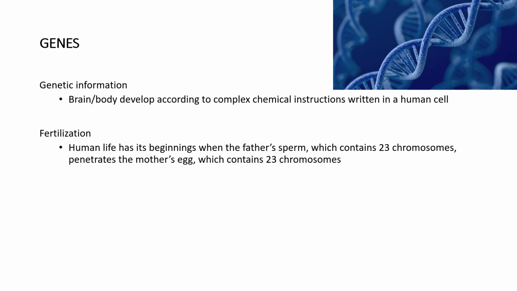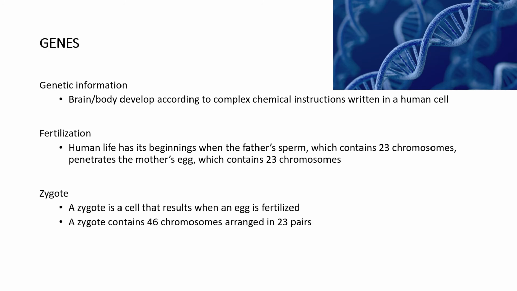And what is that made up of? Well, during fertilization, basically when the sperm meets the ovum and a zygote is formed. A zygote is a cell that results when an egg is fertilized. Prior to that, there's 23 chromosomes in the father's sperm, and there's 23 chromosomes in the mother's egg.